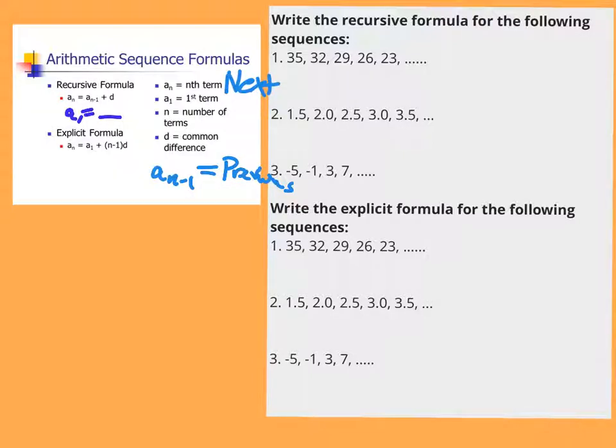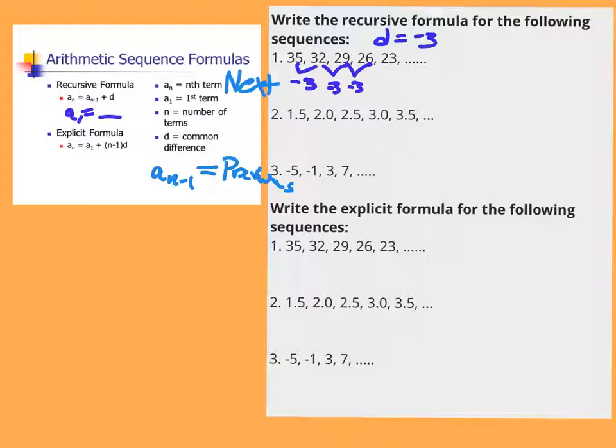Number 1, I have the sequence 35, 32, 29, 26, 23. I can see that my sequence is decreasing, and it looks like I'm decreasing by 3 each time, right? 35 minus 32 is 3, 32 minus 29 is 3, 29 minus 26 is 3. So I would say that my constant difference is a -3. I'm going down by 3.